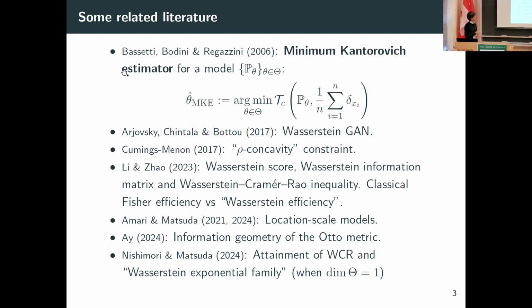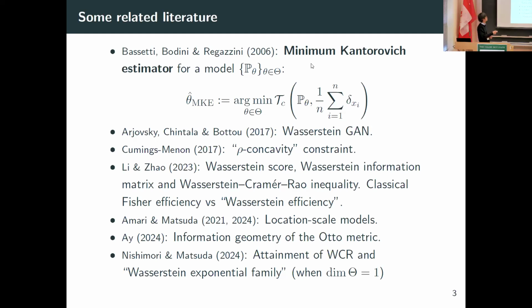So they named this the minimum Kantorovich estimator. Let's say we have a parametric model, I mean, it is parametric here, but it can also be non-parametric. Suppose that you have a model, namely a collection of distributions that you want to use to model a data. So let's say in the IID case, you have data Xi and you form an empirical distribution.